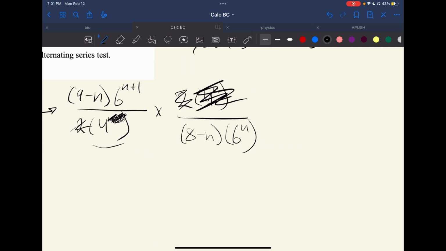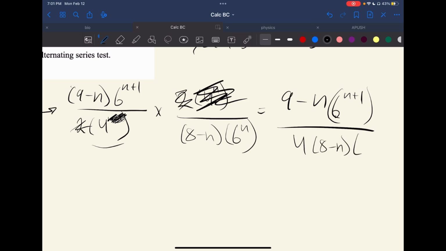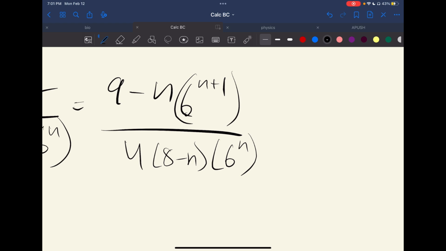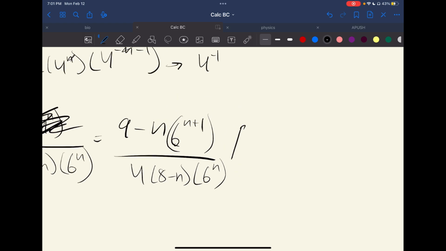So we have 9 minus n, 6 to the n plus 1, all over 4, 8 minus n, 6 to the n. Now we can simplify this too. So if we do the same logic as to what I just did, apply the same logic, 6 to the n plus 1, and I move that to the top, it's going to be 6 to the negative n.